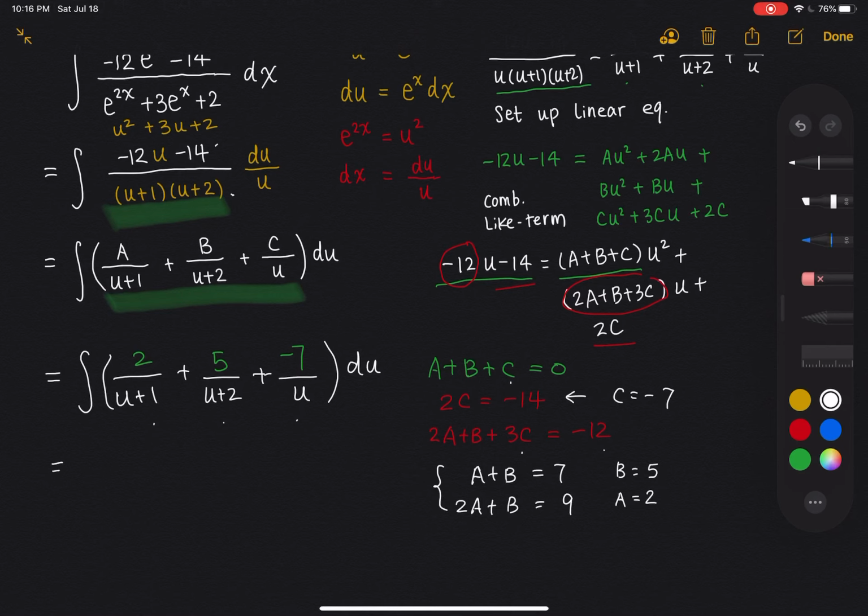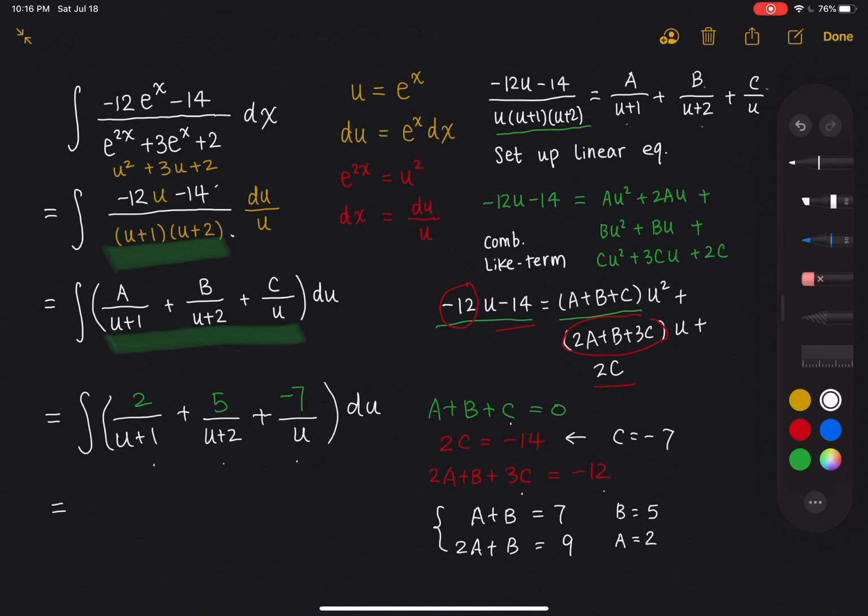So then you can just integrate. And one thing that is important to understand is e to the x. If u equals e to the x, it's already telling you that u is greater than 0, so in that case, you don't need the absolute value.